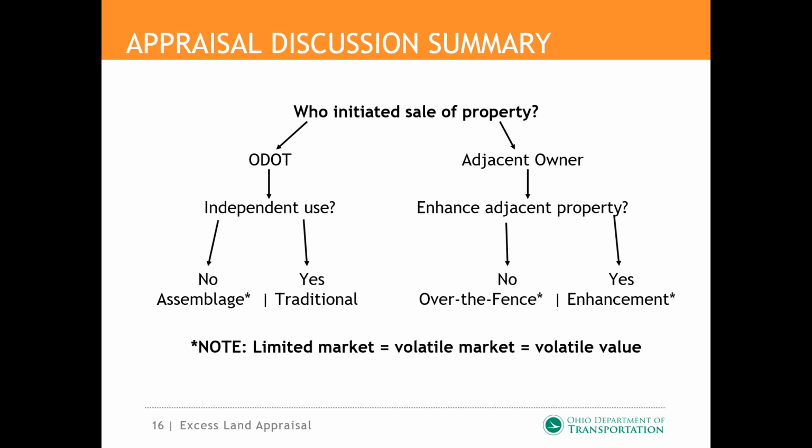So I'll give you $1, or you can give it to me for free. The key here is when you only have one person, that value is extremely volatile. Either they want it or they don't. And since you don't have other people in the market to bid competitively against them, you end up with this volatility.